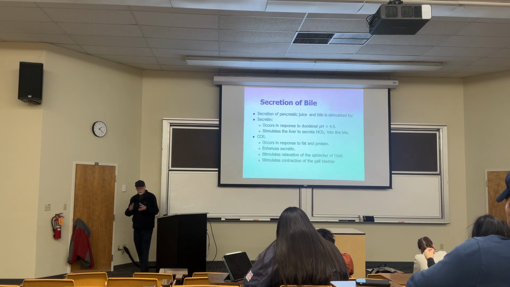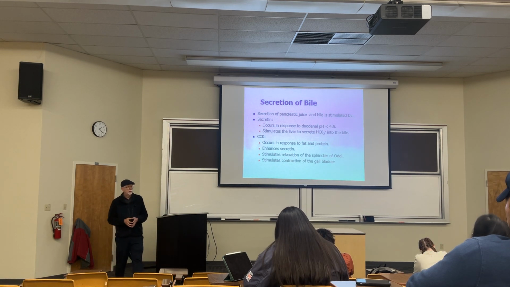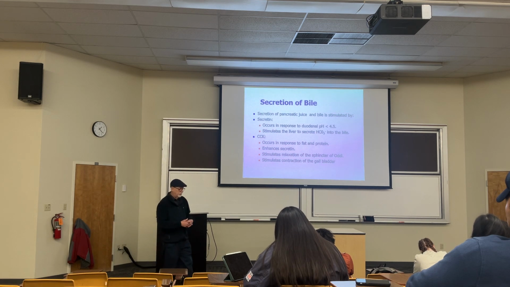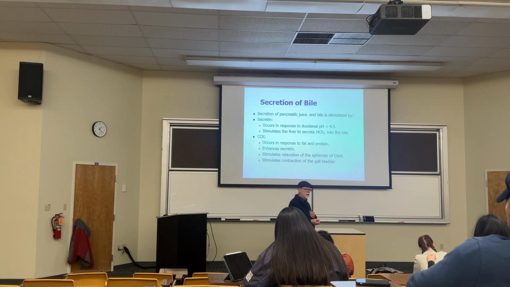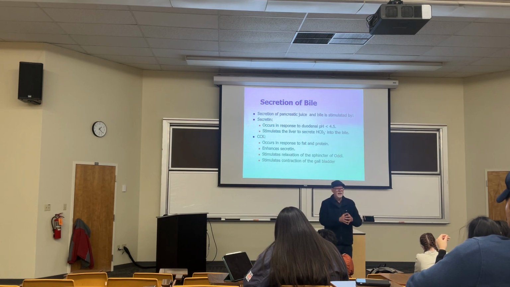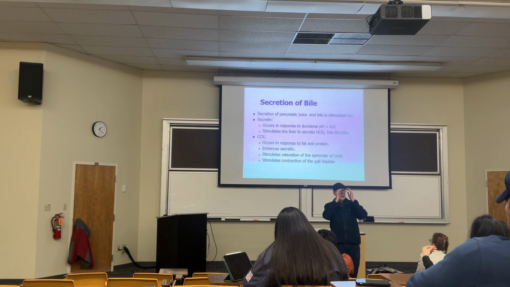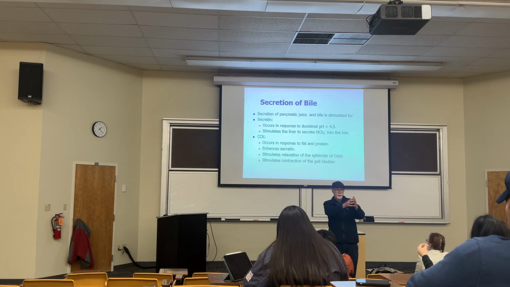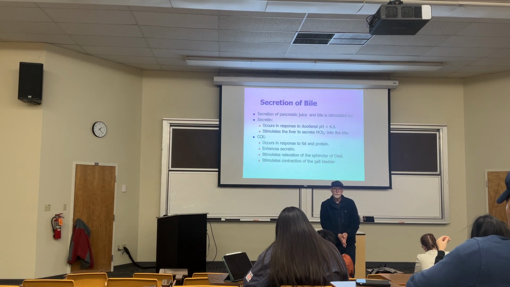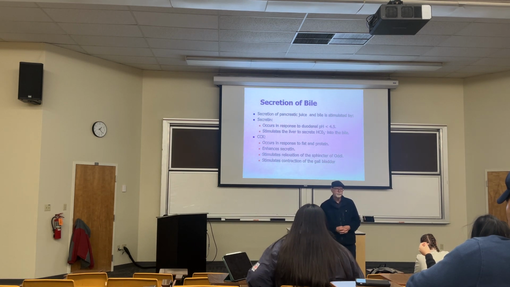Secretion of bile. First of all, we know that bile is made in the liver by the hepatocytes. It is released into the bile canaliculi, and it goes to the bile ductules, and then eventually it goes from the liver. Some of it goes to a little bypass to the gallbladder to be stored. Some of it goes directly into the duodenum.